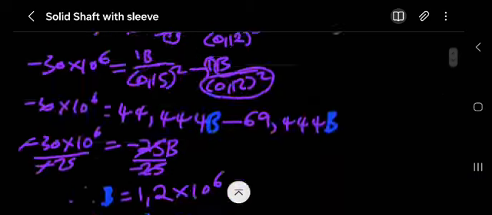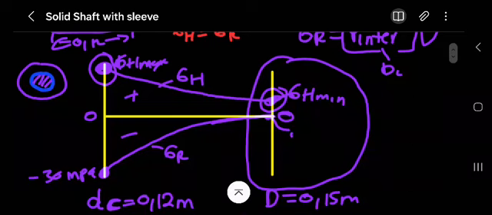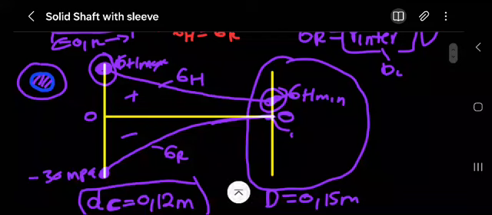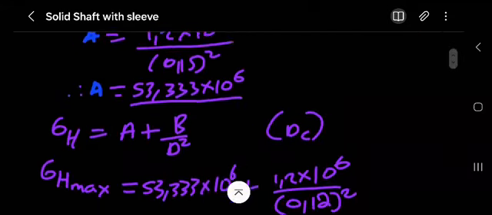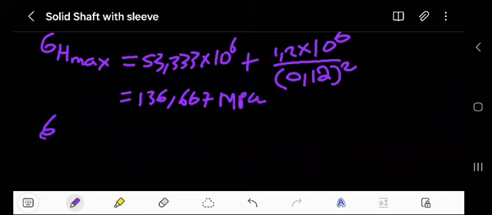From here, guys, see the maximum lies in this diameter, at that maximum point there. We punch our calculator and you'll get 136.667 megapascal.